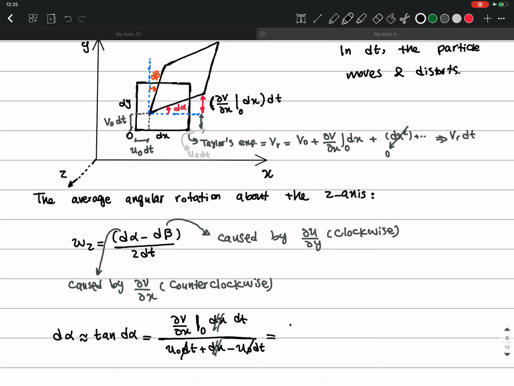So we have partial v over partial x at O times dt. So this is dα.